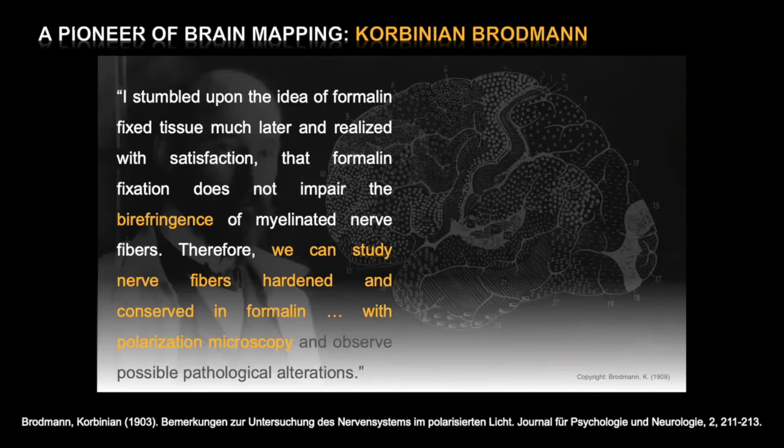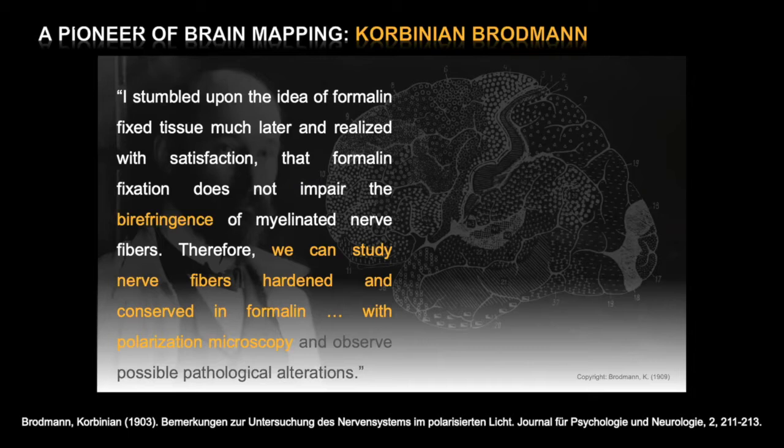Therefore, we can study nerve fibers hardened and conserved in formalin with polarization microscopy and observe possible pathological alterations. And this is what we are going for, what we try to realize. We want to utilize the optical property called birefringence to give contrast to myelinated fibers in the end.